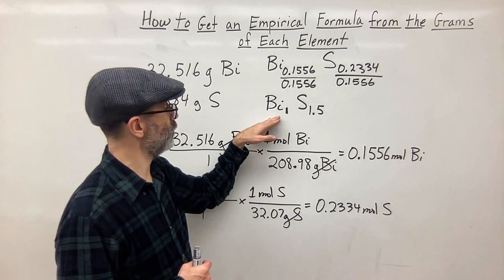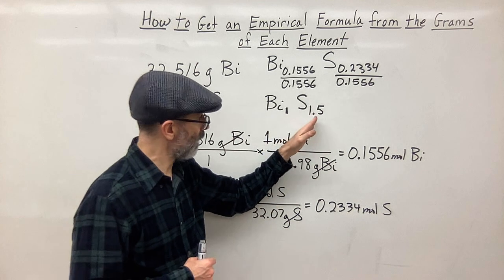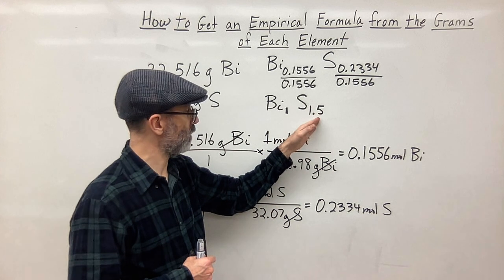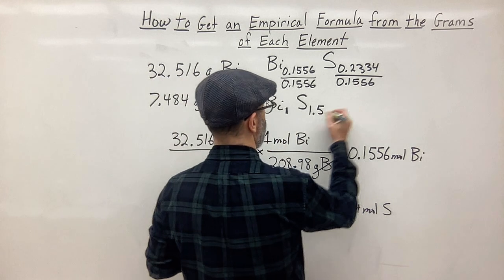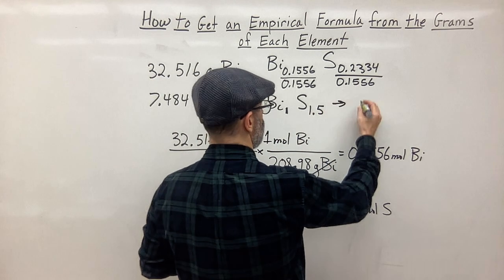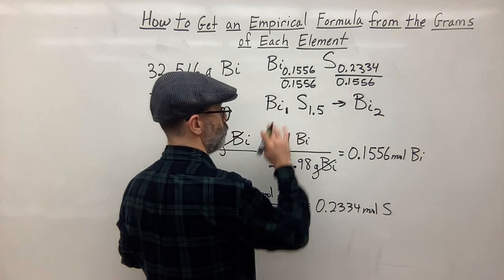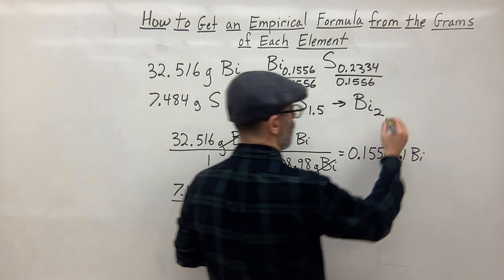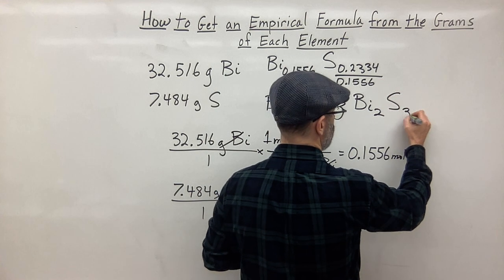So what I need to do is multiply everything by that factor. If I multiply this by 2 to get rid of the half, then I need to multiply this by 2 as well. So I get bismuth 2, since 1 times 2 is 2, and then 1.5 times 2 is 3.